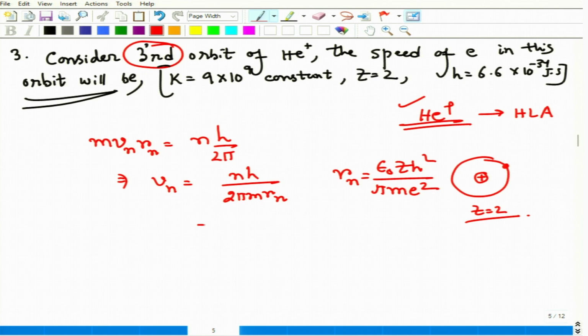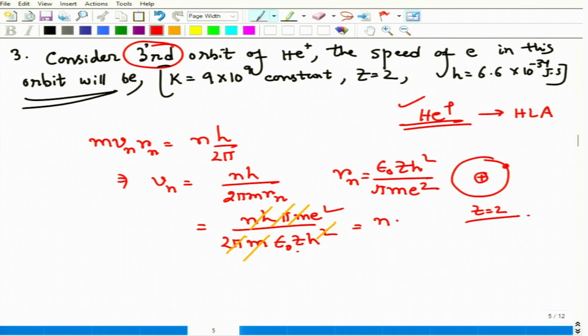If you put it here, then you can obtain 2 pi m epsilon naught Z h square and pi m square. So pi will be cancelled out, m will be cancelled out, and h will be cancelled out also. So it will be n square divided by 2 epsilon naught Z h.